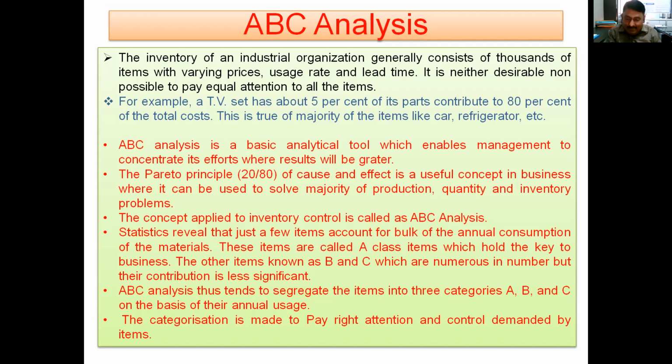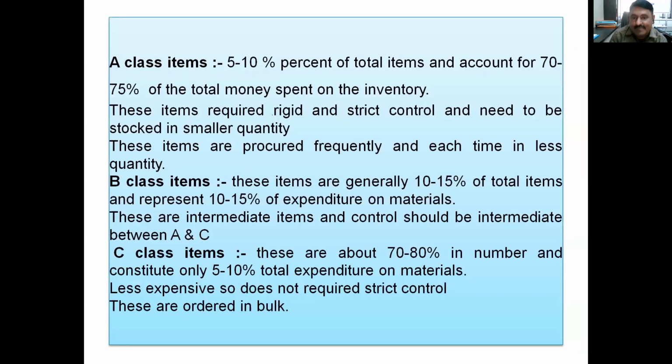And what is the significance? For category A, most importance is required to be given as compared to category B and category C. This is a requirement. Therefore, this categorization of different items into A, B, C is suggested in ABC analysis.